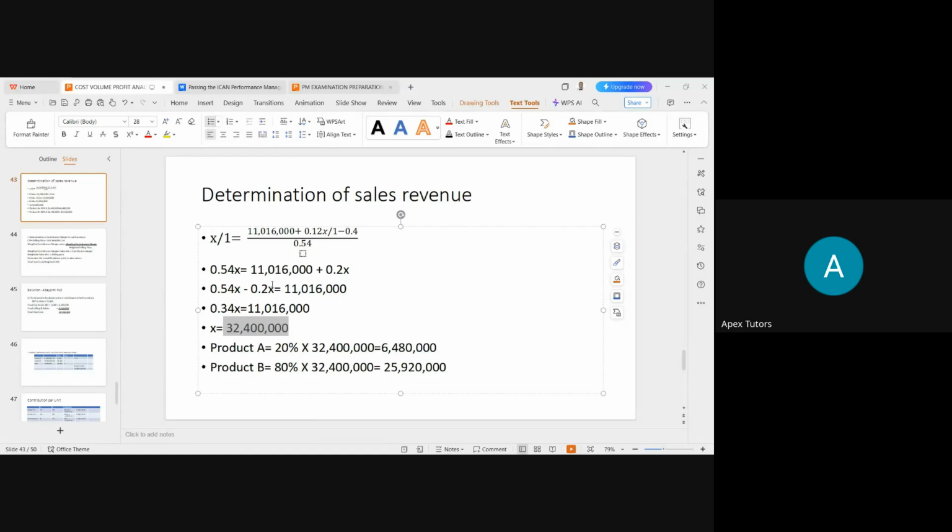If you look at the question, let me respond to that question. Assume that the following changes are made to the budget. The quantity still remains the same.